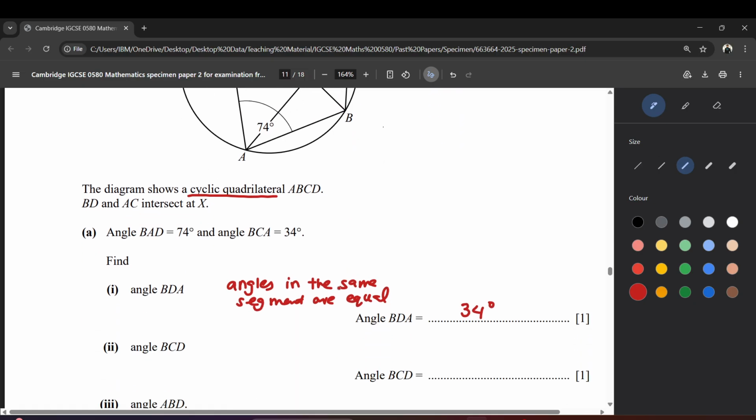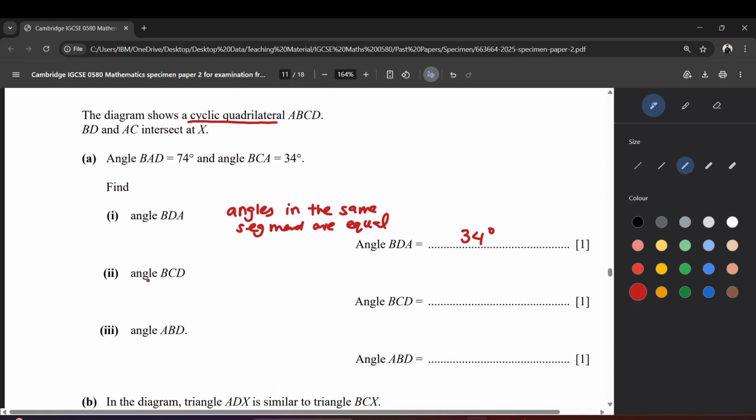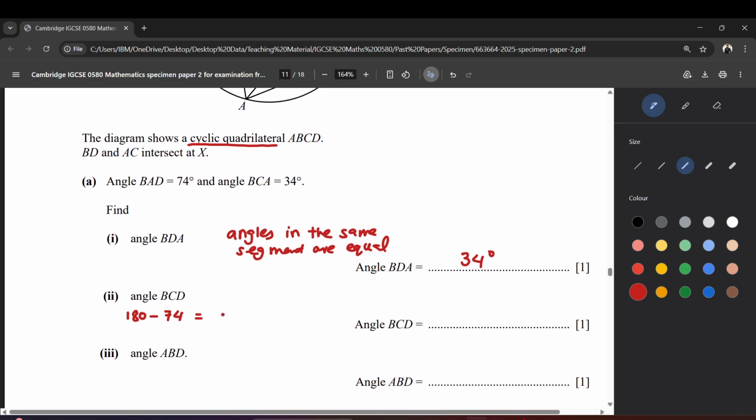Then the next one is angle BCD. So now you're required to find the entire angle. Now you can finally use the property that the opposite angles in a cyclic quadrilateral are supplementary. So we can say 180 degrees minus 74, that would be 106 degrees.